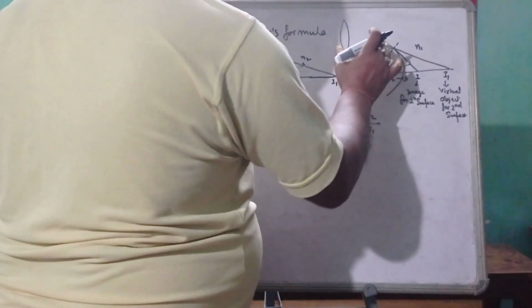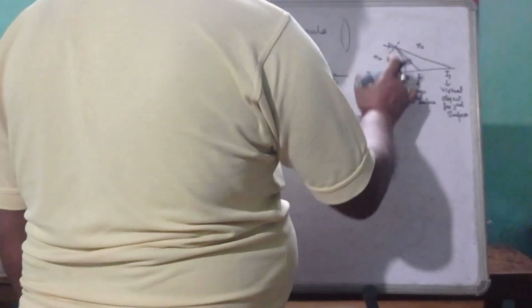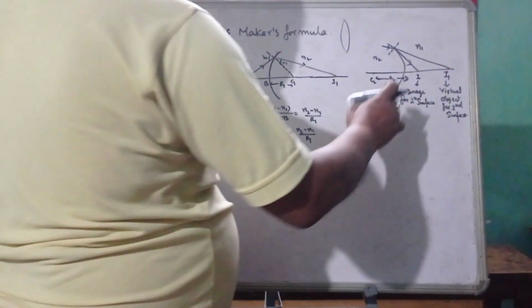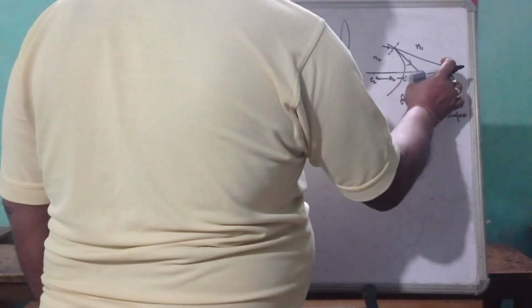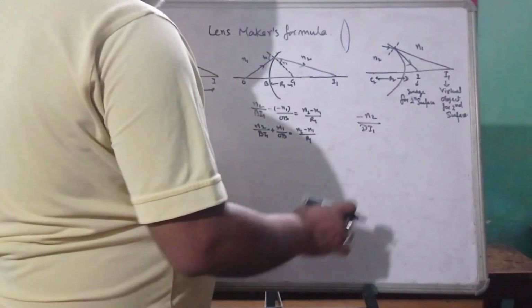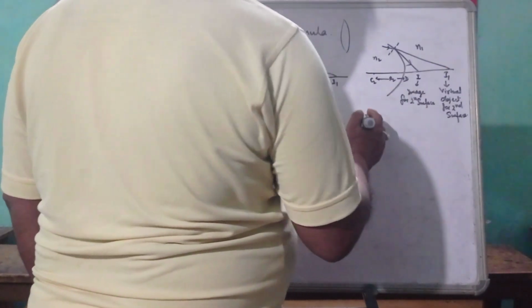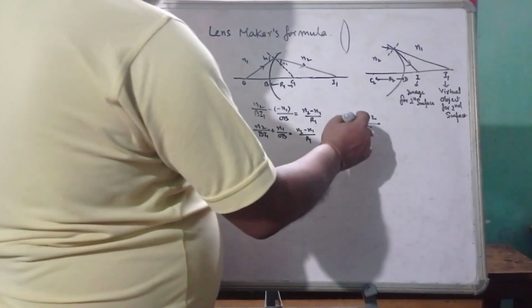This side is the object side and this side is the image side. Since we are considering a virtual object, it is the opposite of this, so we give it a minus.